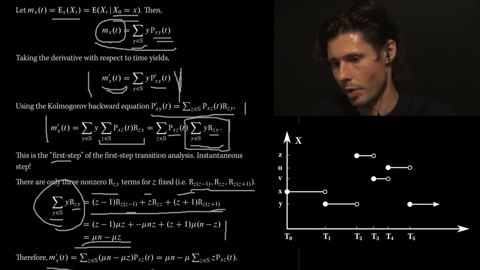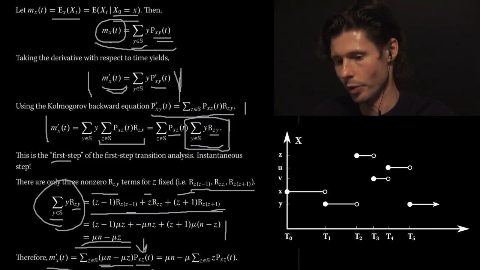And so this probability stays. It is right there, and that sum that's left over is left over here. Now what you can see is that the first term in this difference doesn't depend on z, and it's just a sum against these probabilities, which better sum to 1, the probabilities after all, so you get mu n.